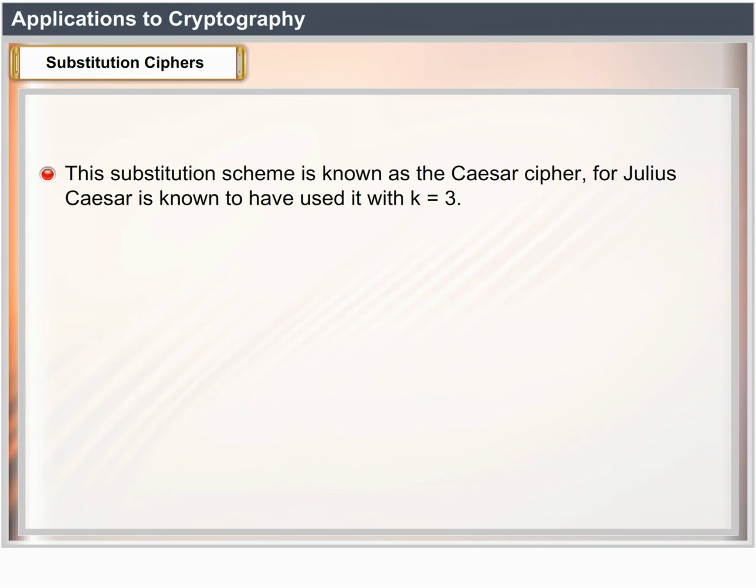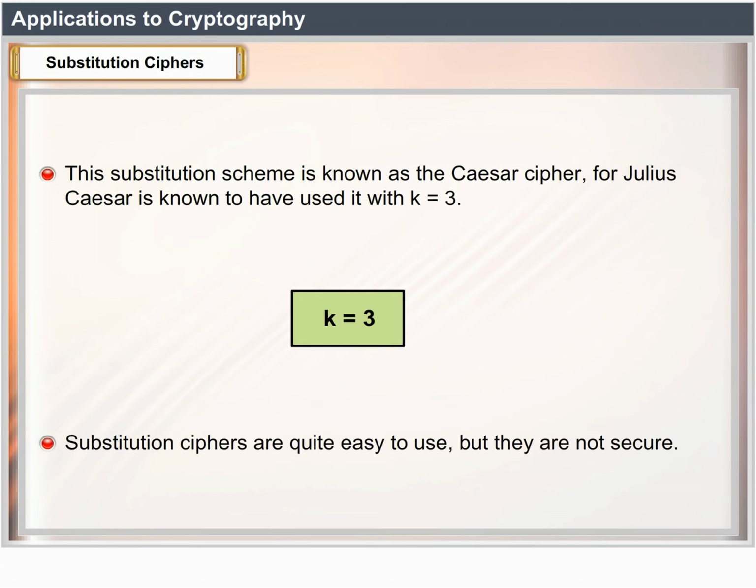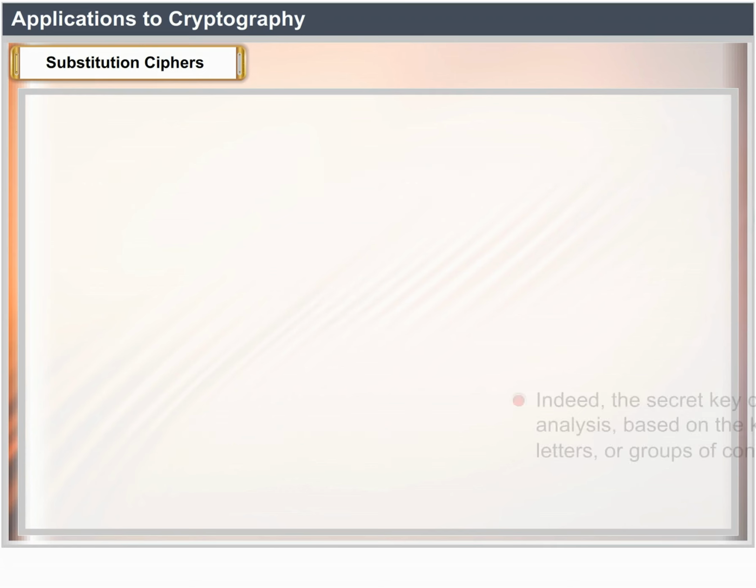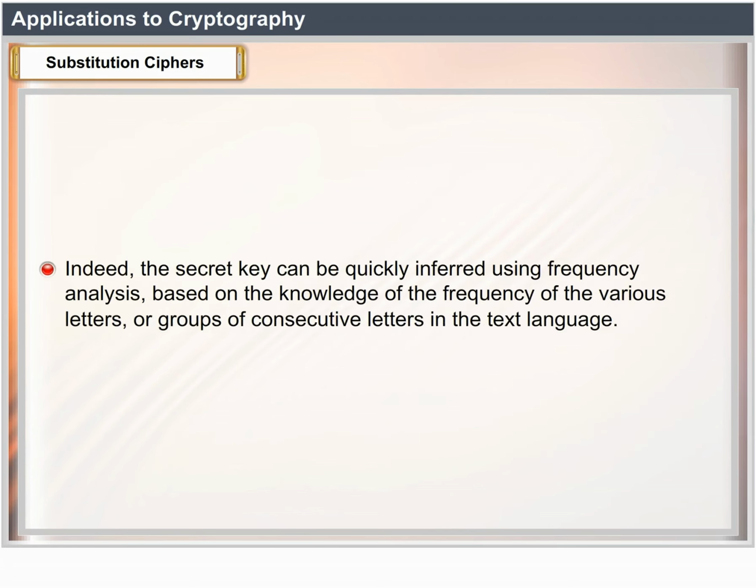This substitution scheme is known as the Caesar cipher, for Julius Caesar is known to have used it with k equals 3. Substitution ciphers are quite easy to use, but they are not secure. Indeed, the secret key can be quickly inferred using frequency analysis based on the knowledge of the frequency of the various letters or groups of consecutive letters in the text language.